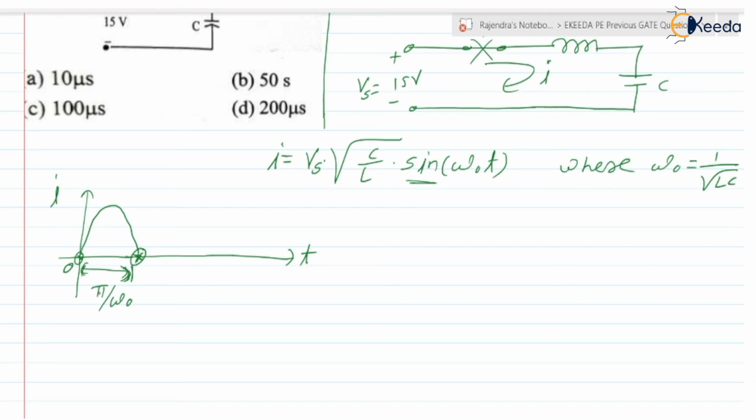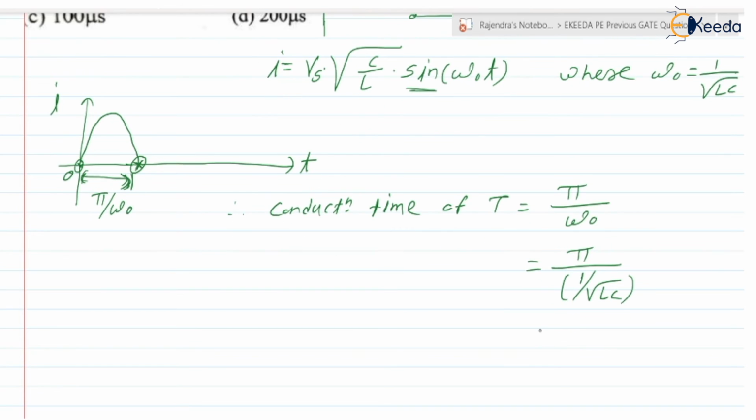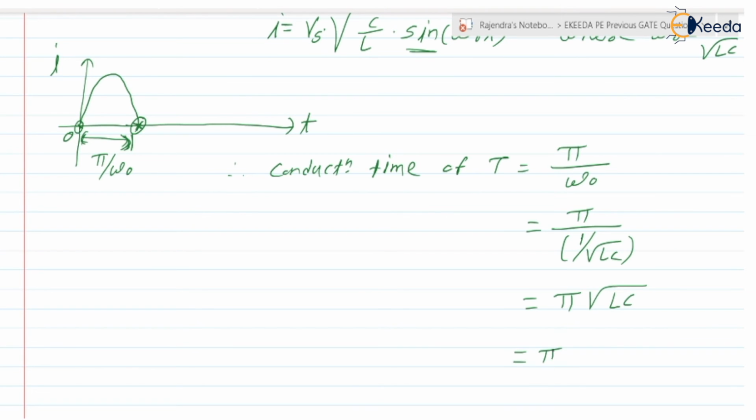Therefore the conduction time of thyristor T is pi by omega 0, and since omega 0 is 1 by root LC, it is pi into under root LC.